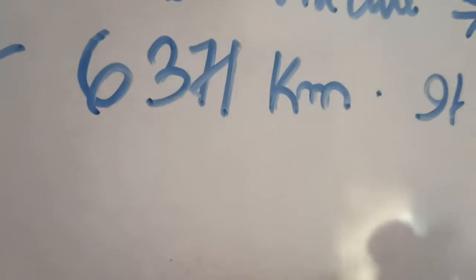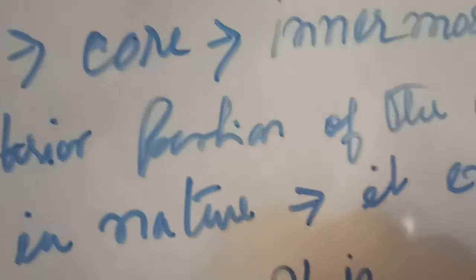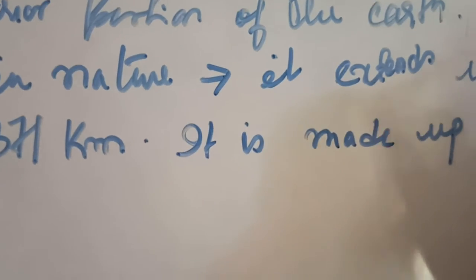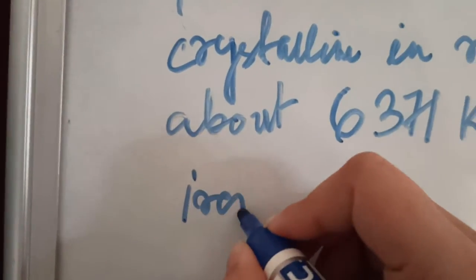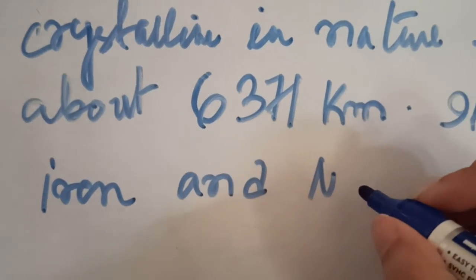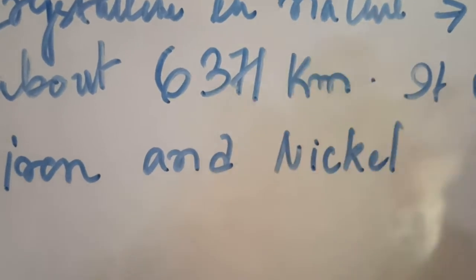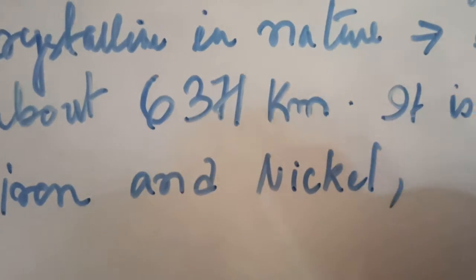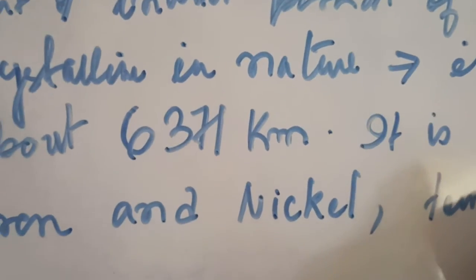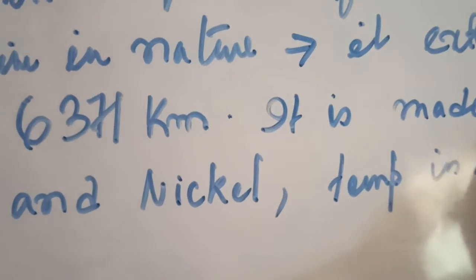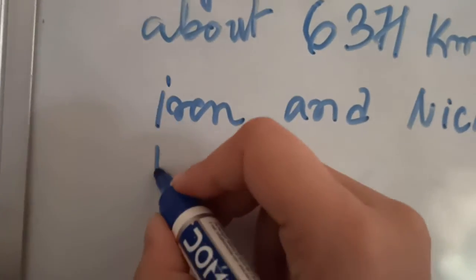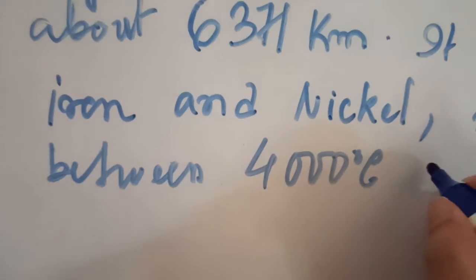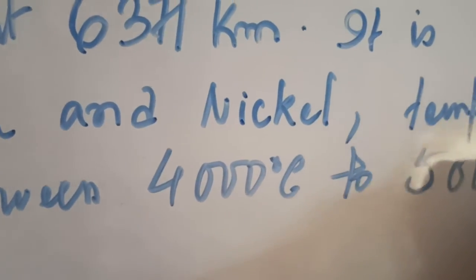It is made up of iron and nickel, and the temperature in the core is between 4,000 degrees Celsius and 5,000 degrees Celsius.